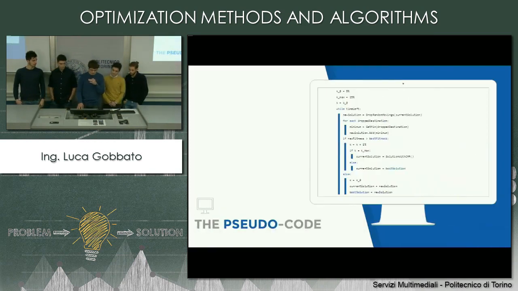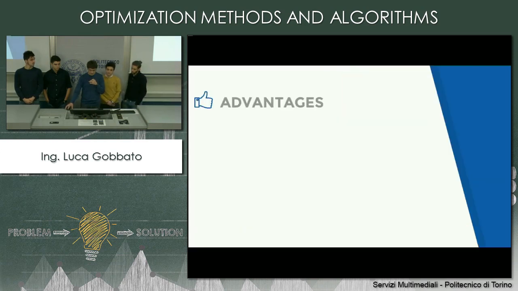If we take a look at the pseudocode, we can see that we start from K equal to K0, which is the variable that says how many tuples we will drop. Then, if we find a new improving solution, we reset it to K0. Otherwise, we increment it by 1%.